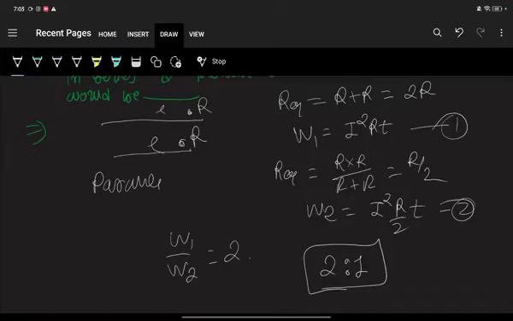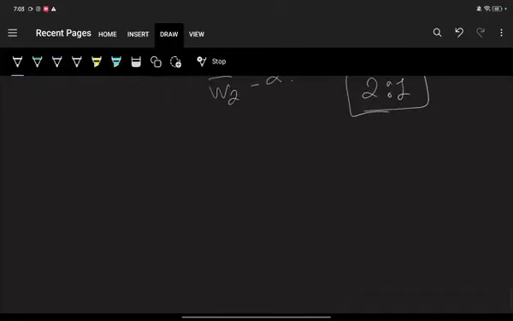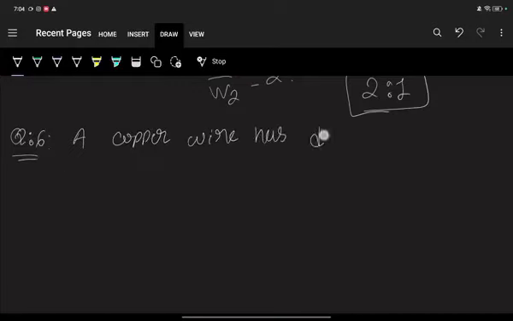A copper wire has diameter 0.5 mm and resistivity is 1.6 into 10 raised to minus 8 ohm meter.